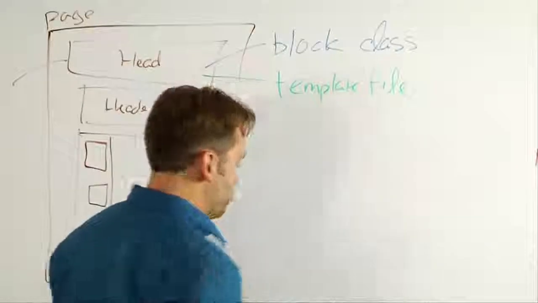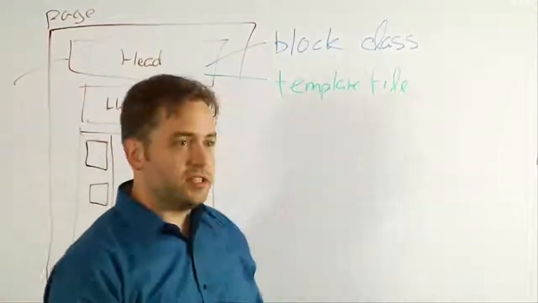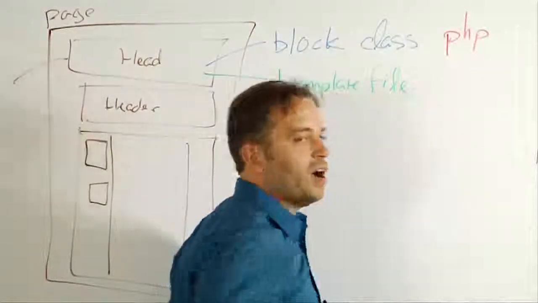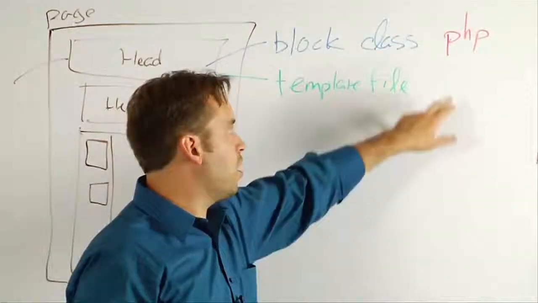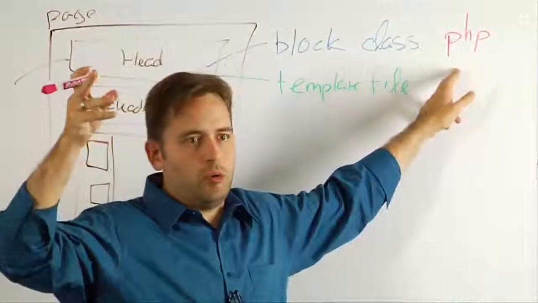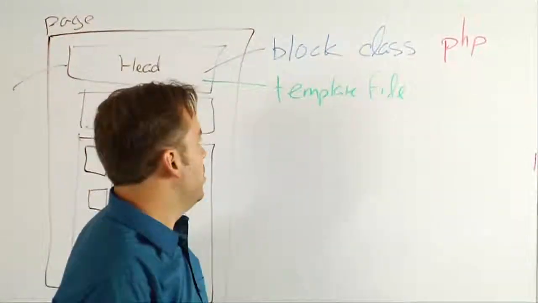I'll give you another little shorthand. Block classes, those are the PHP classes. Those are PHP files. Those are under our modules. So, for example, day 2 blocks. That's where we will find block classes.